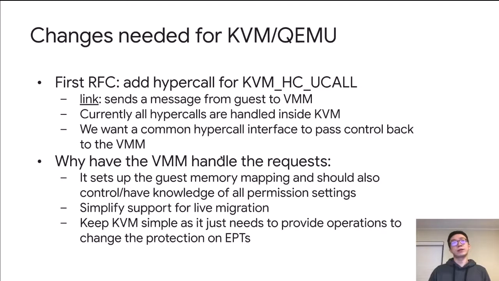We sent out an RFC a while ago for adding a hypercall called KVM hypercall user call. This is a hypercall we want to tell the hypervisor to hand over to the VMM to handle. We have a link, and you can review it.